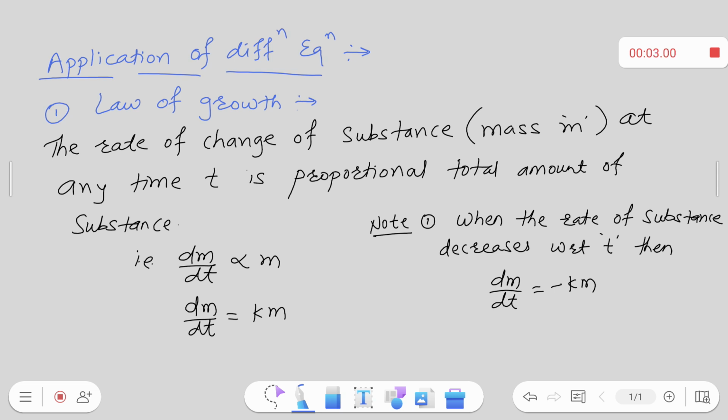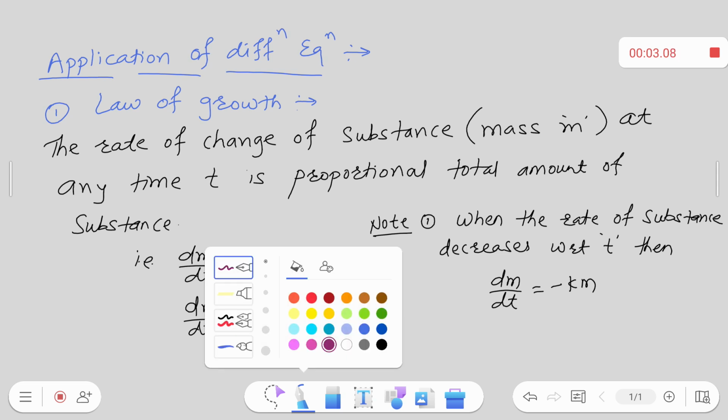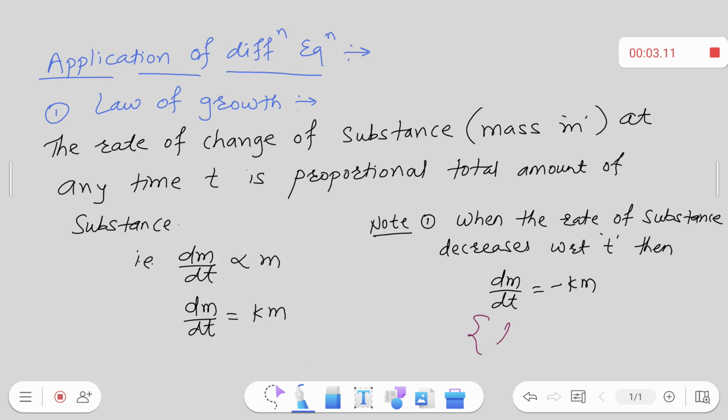When the substance decreases with respect to time t, then dm by dt is equal to minus km. That is the law of decay. So decomposition comes under decay, and increase or growth comes under the law of growth.